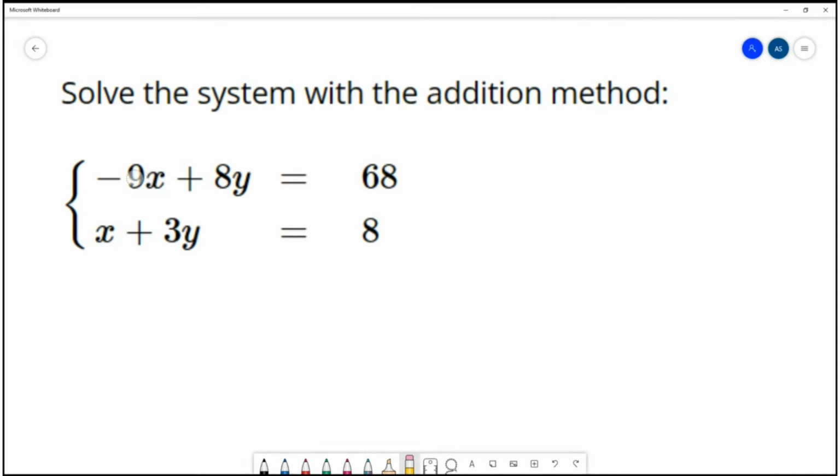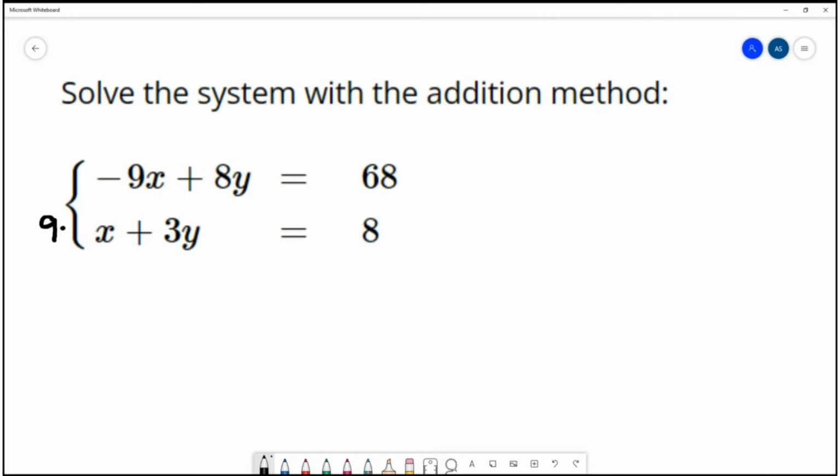Now we're going to eliminate x, and we want the x's to have the same coefficient but with the opposite sign. So this one has a negative 9. I want this one to have a coefficient of 9. To make that happen, I'm going to multiply by 9 on both sides of the equation.